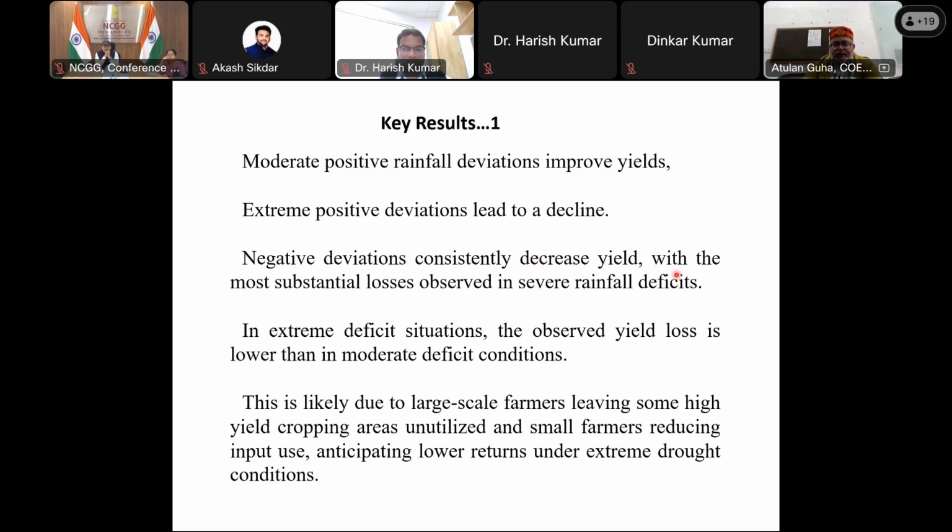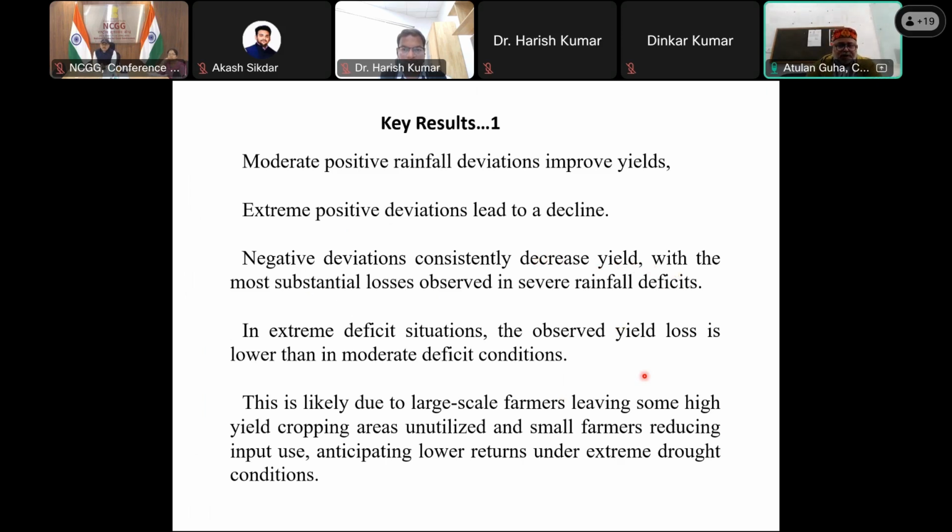And when the rainfall deficiency is much more, naturally the yield loss is also much more.